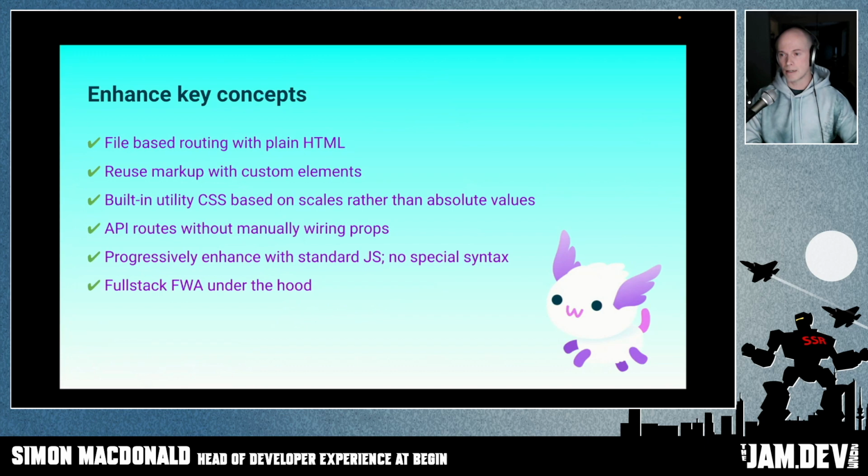And then, of course, all of this is done using progressive enhancement and standard JavaScript. There's no special syntax. If you are going to do some client-side JavaScript for things, you would just end up adding a script tag into what you send down to the client, and that's where you would instantiate your web component on the client side, and register your event listeners and do all your other normal JavaScript stuff.